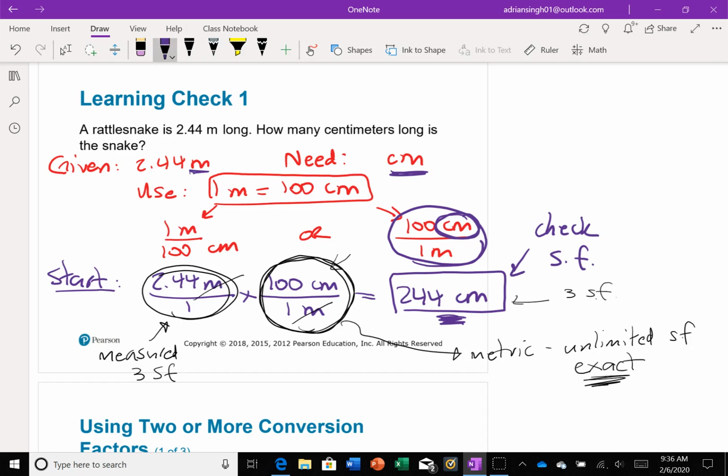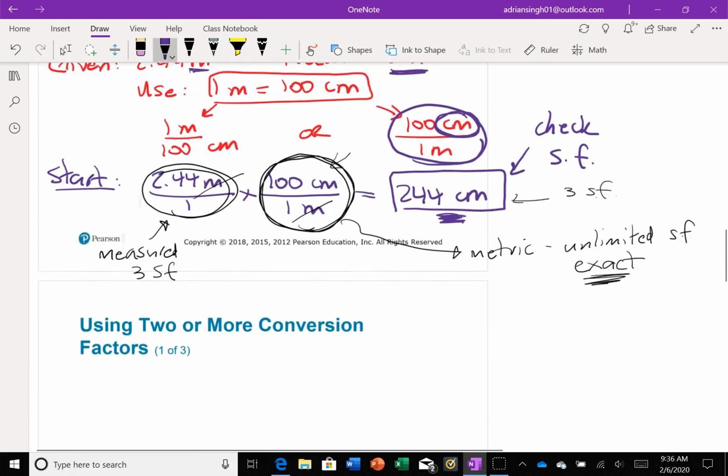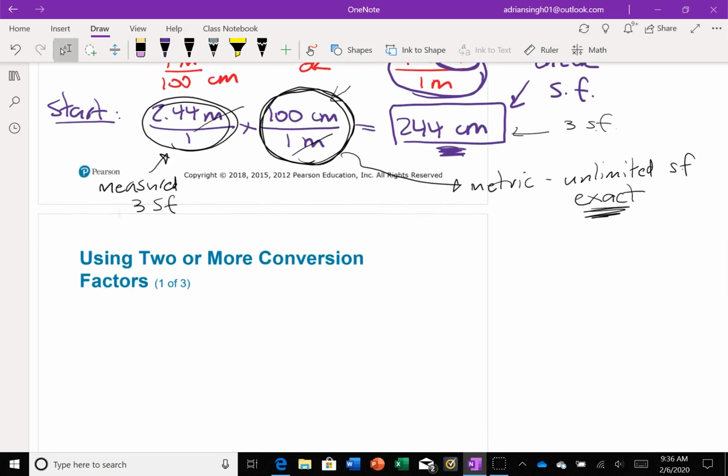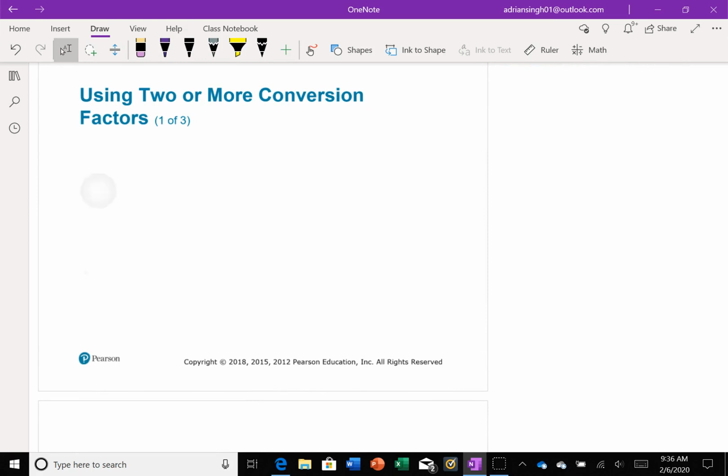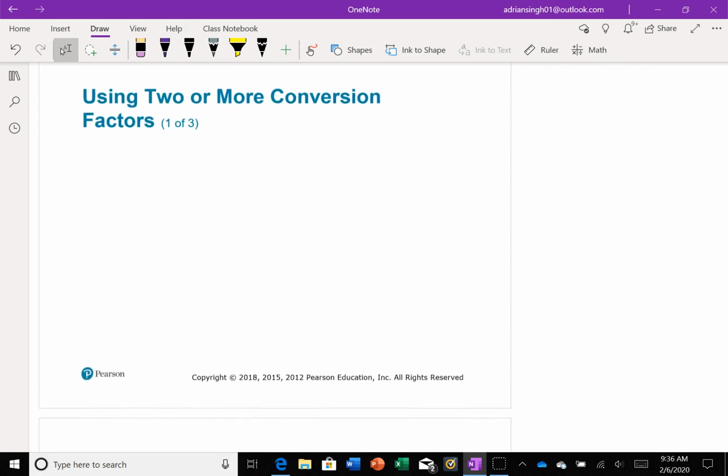So those are 2 examples of where we use one conversion factor in a one-step process to go from one unit to another. We're going to start building some complexity and see now how we can incorporate multiple conversion factors in a problem. So let's take a look at an example of one of these.